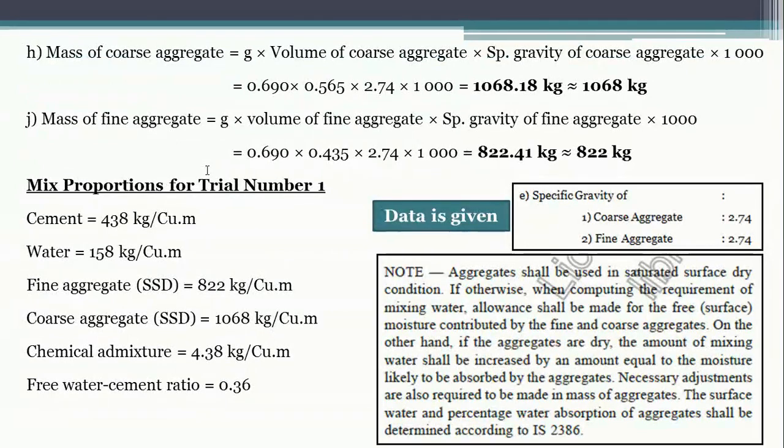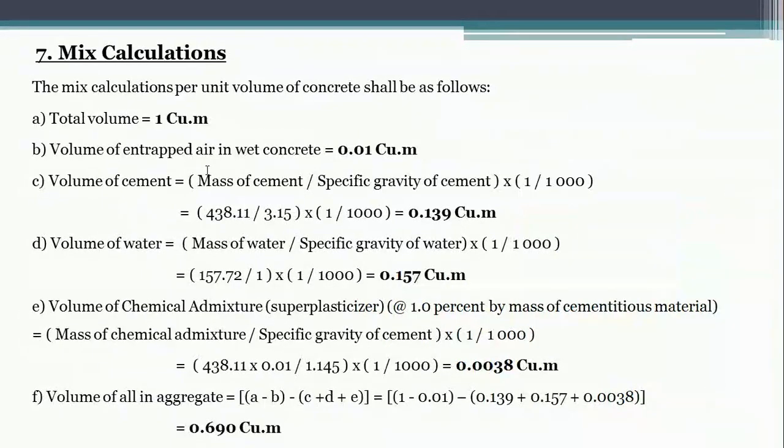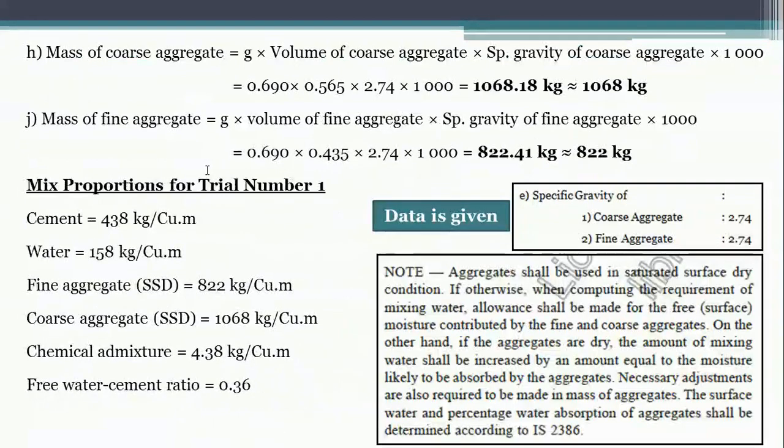Now the mass of coarse aggregate. This formula is also available in the code book, so no need to memorize it. Sorry, I have put it as g, but it should have been f. So f into volume of coarse aggregate into specific gravity of coarse aggregate into 1000.